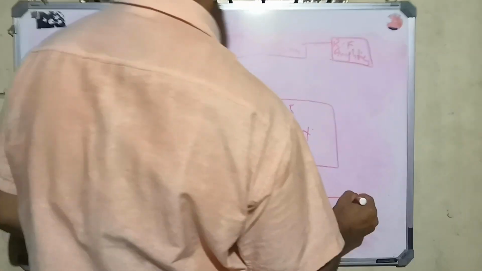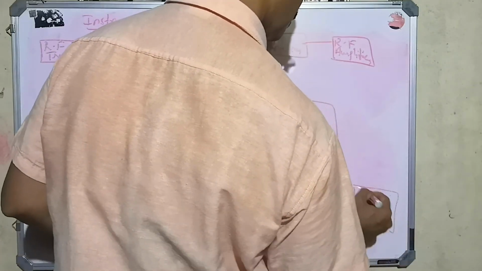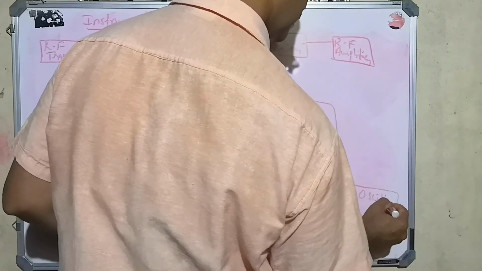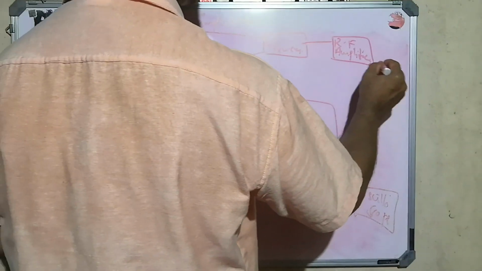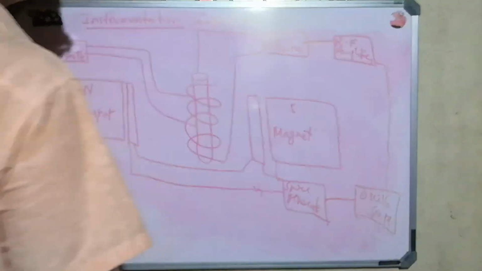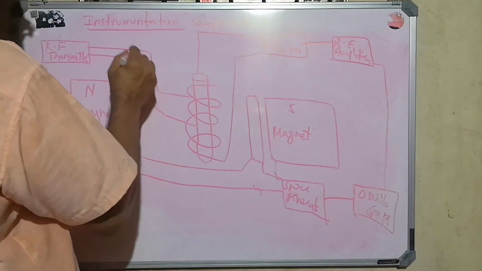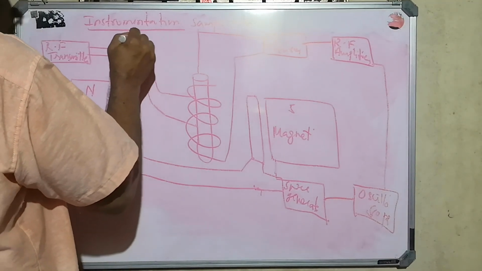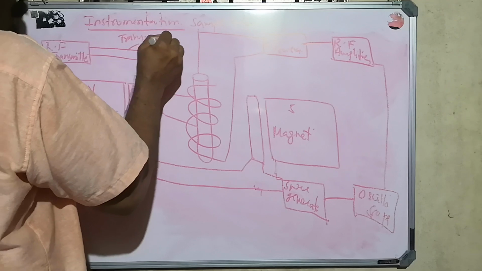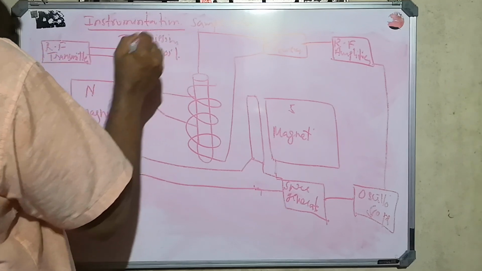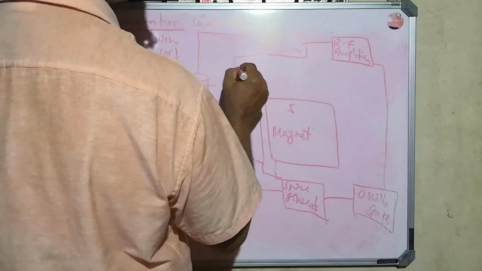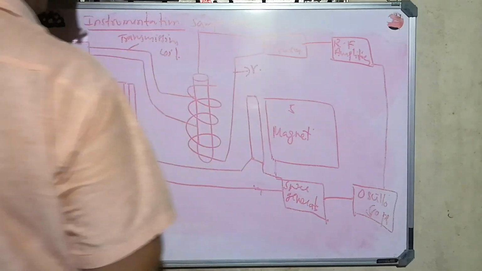Then this is the oscilloscope to observe the resonant curves. The RF amplifier is also connected here. This is the transmission coil, and this is the receiver coil.